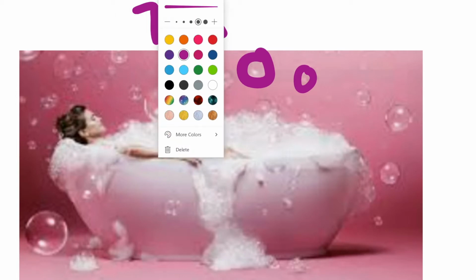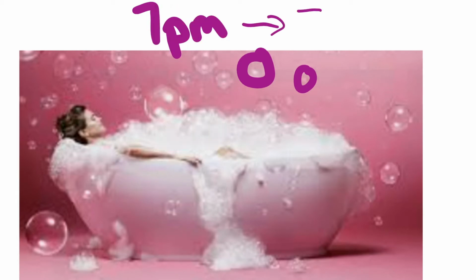So you start off, you pour the bubble bath at 7 o'clock. And let's say 20 minutes later, by 7:20, those 1 million bubbles have reduced to 500,000 bubbles.